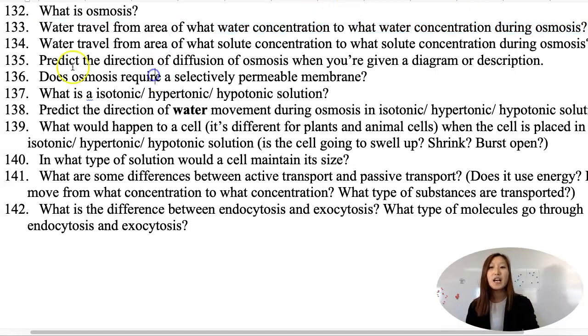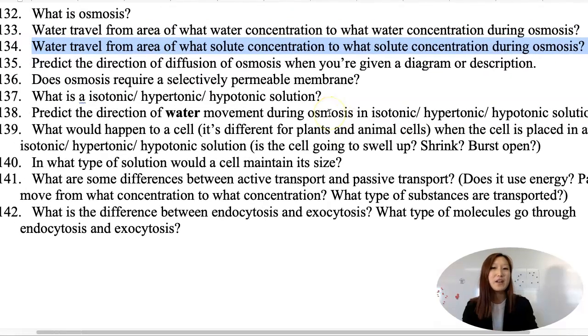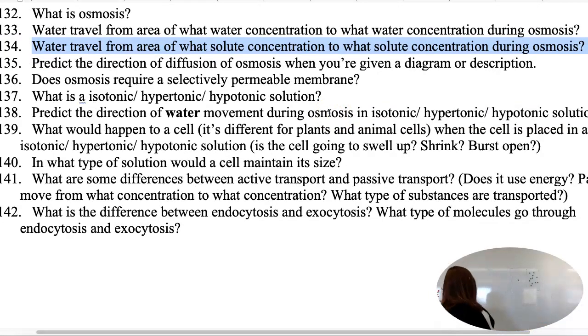So similarly, if you were to have water traveling from an area of high water concentration, let's say the green dots are water, and then we have these orange dots as solute.